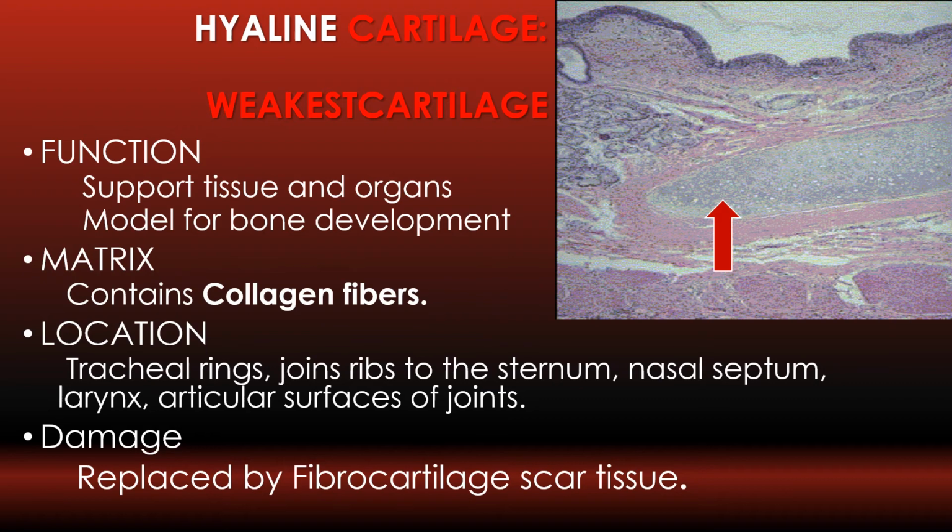Problem if you get scar tissue: if your hyaline cartilage is damaged, it is gradually replaced with a bit of more solid scar tissue. So if you remember back to the lungs unit, if you were to have damage to the hyaline cartilage parts that hold your alveoli open or your bronchial tree open, soft cartilage.